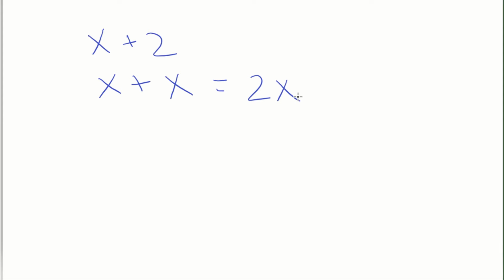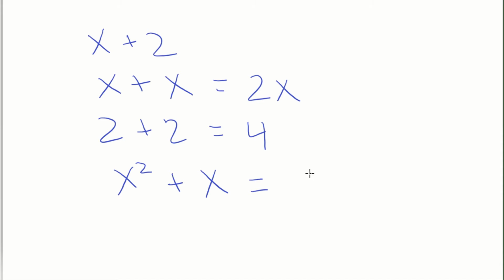You can do that. You can say 2 plus 2 equals 4 because those are both the same. They're both numbers. You also can't add something like x squared plus x. Some people might make the mistake of thinking that equals x to the third, but it does not. That's wrong.